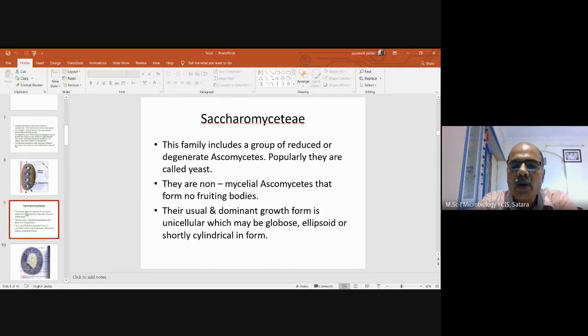Their usual dominant growth form is unicellular, which may be globose, ellipsoid, or shortly cylindrical. Globose means having the shape of a sphere or a ball, ellipsoid means elliptical or dumbbell shape.